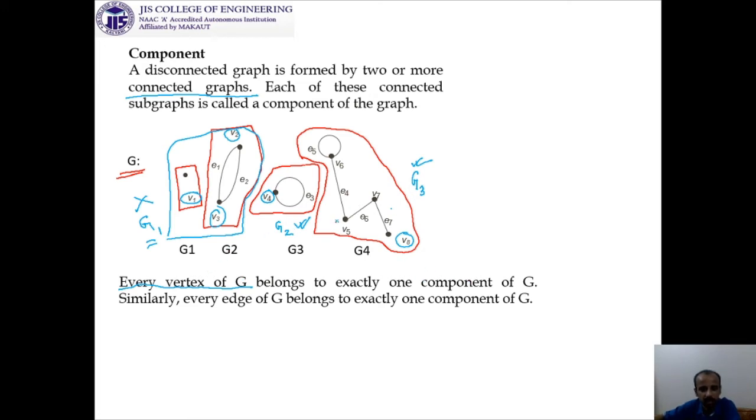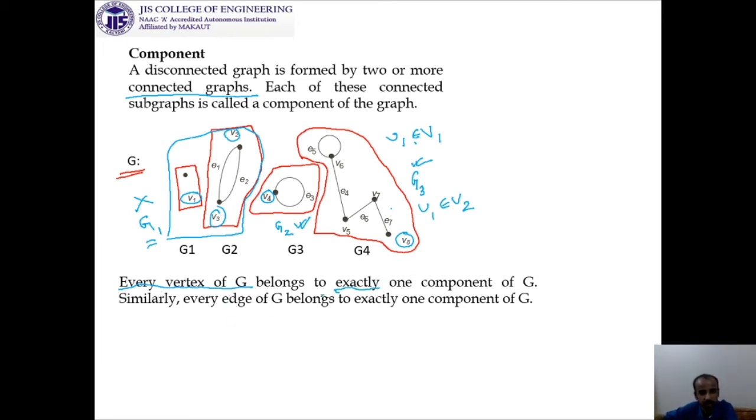That means you will never get one vertex, suppose V1, which is from capital V1 as well as from V2, where V1 and V2 are vertex sets of two different components. It will not be possible. Any one vertex of G will be a part of exactly one component.